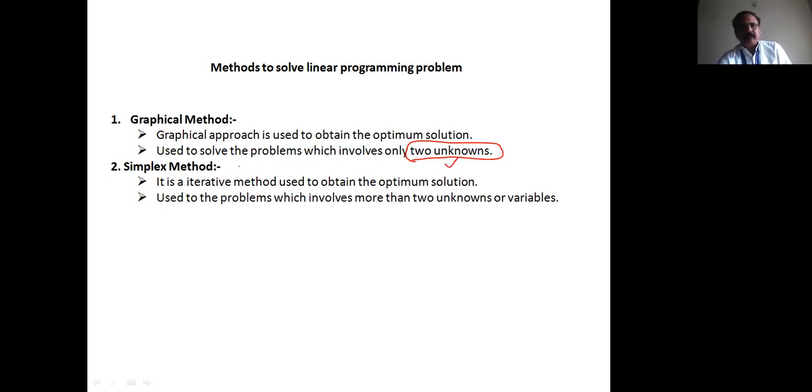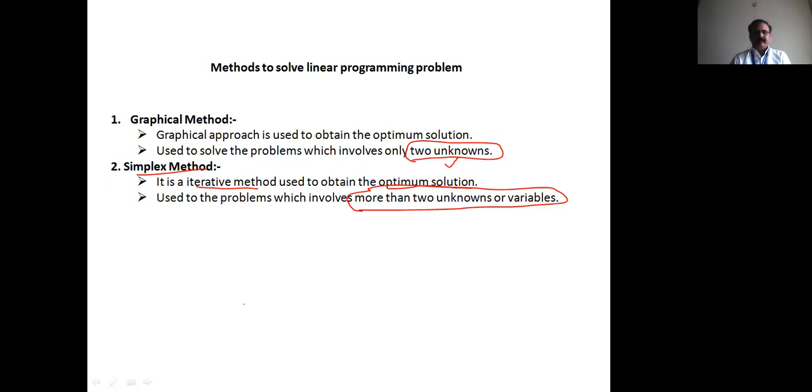Remember, and the second one is the simplex method. It is an iterative method, which is used to find the optimum solution. And this simplex method is used to solve problems which involve more than two unknowns or variables. This is the difference between the simplex method and the graphical method.